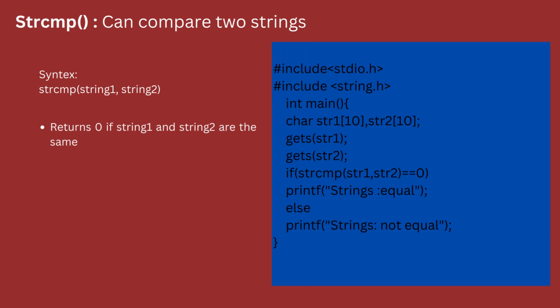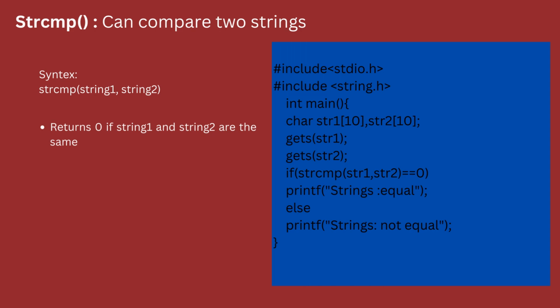Like here, from the fourth line, we have two strings, str1 and str2. We are taking data from the user with the input function gets, get a string. The gets function will get the string in the str1 variable from the user, and str2 from the user.